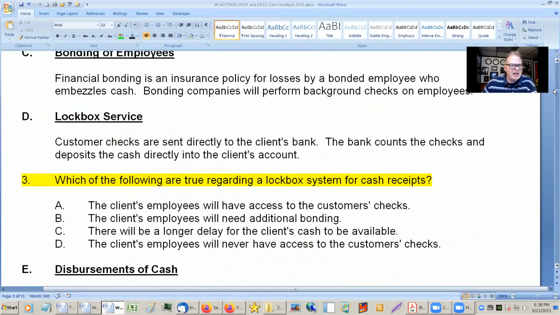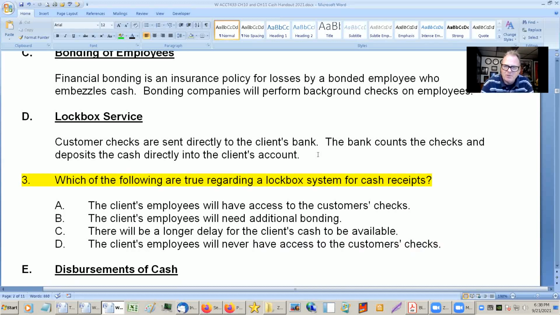If you're wondering about the name, it's because they used to have locked boxes where people would put the checks to the bank, and then the bank would take all the checks out and deposit them directly into the accounts of their clients. Nowadays it's a little more formal.